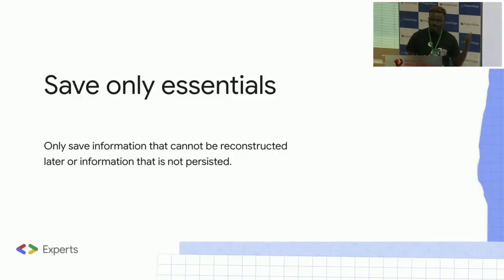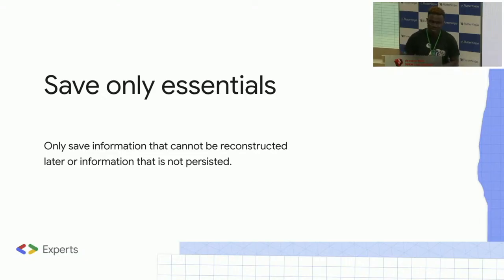And I said save only the essentials. So if we are saying to always save the states, what do we mean by save only the essentials? What I mean is you should save only information that cannot be reconstructed later, or information that is not persisted. So data that you save to maybe a local DB like SQLite, Drift, or Hive, right?